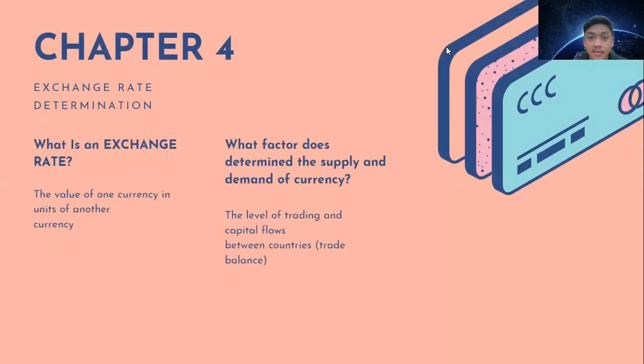We move to chapter 4, exchange rate determination. What is an exchange rate? The value of one currency in units of another currency. And what factor does determine the supply and demand of currency, the level of trading and capital flow between countries.